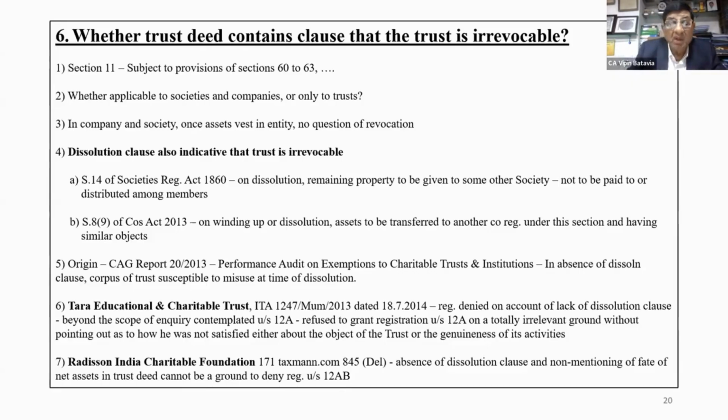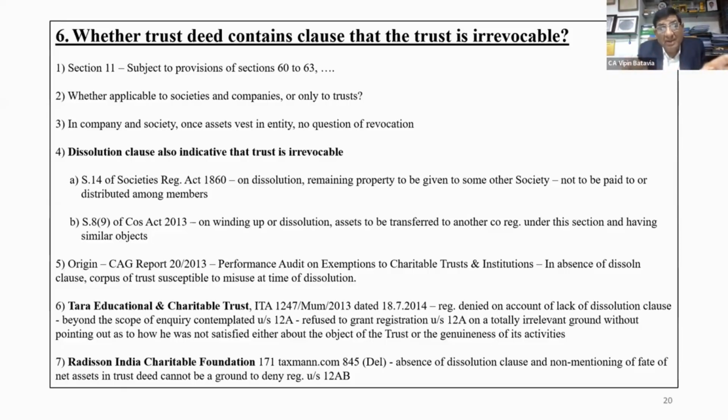So here the problem is what to do if the irrevocable clause is not there. If there is a clause for dissolution, that is not a revocable clause. That is just an indicative clause. In case of dissolution, the assets will not be distributed among the trustees but given to other organizations having similar objects.